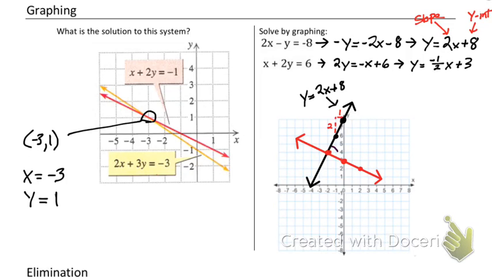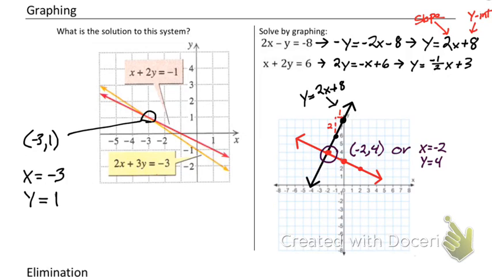Let's use purple. It is at the point negative 2, 4, or you can write x equals negative 2, y equals 4. Both are completely acceptable answers for me unless I say what is the point. Then you have to give me a point. But if I say the solution, you can either give me a point or the x and y values.